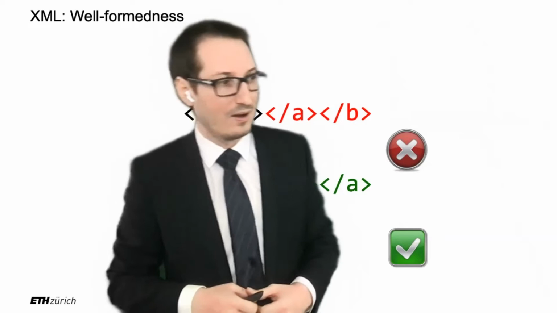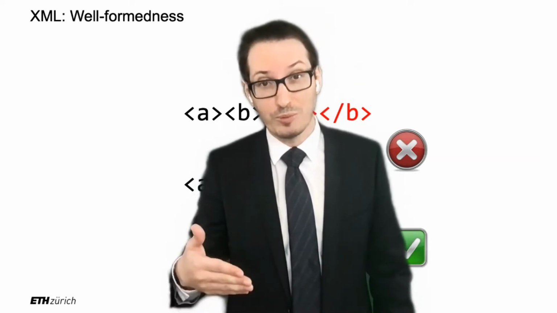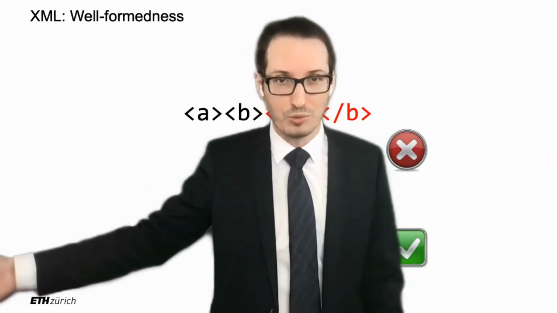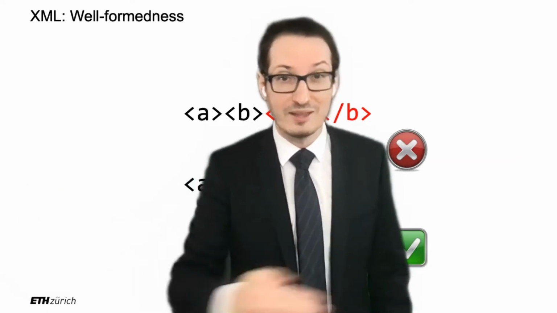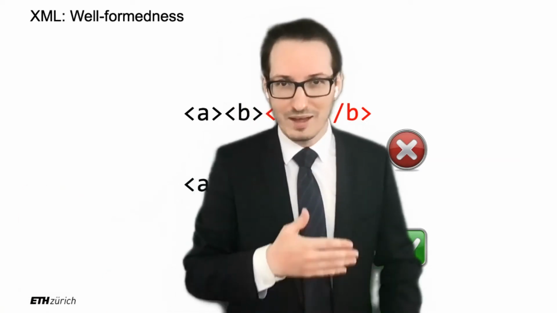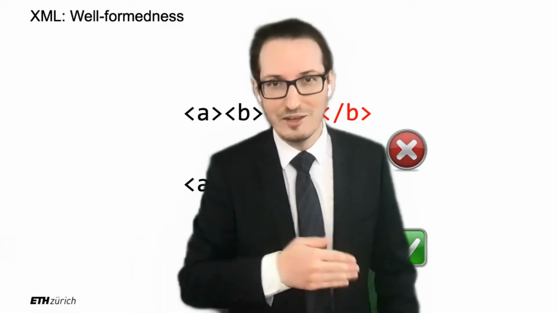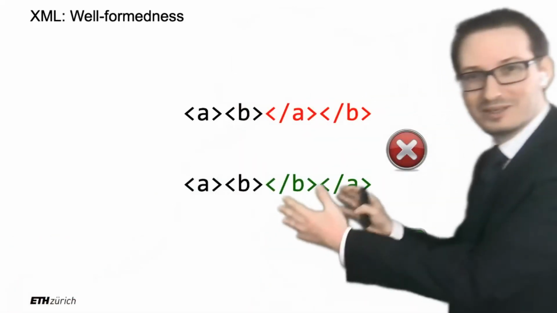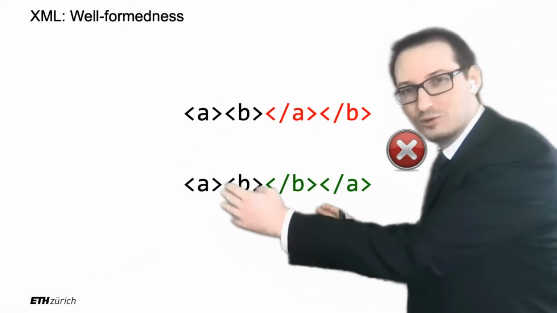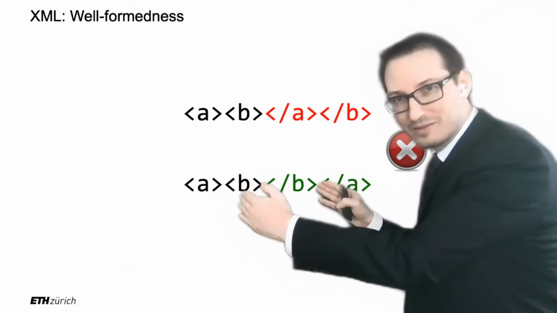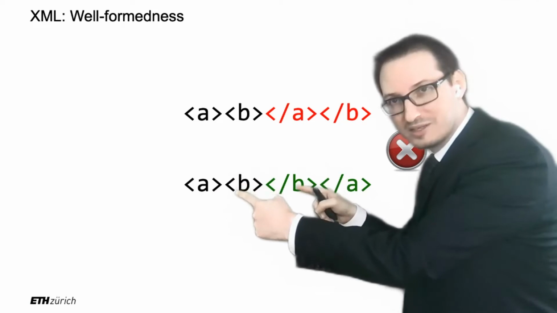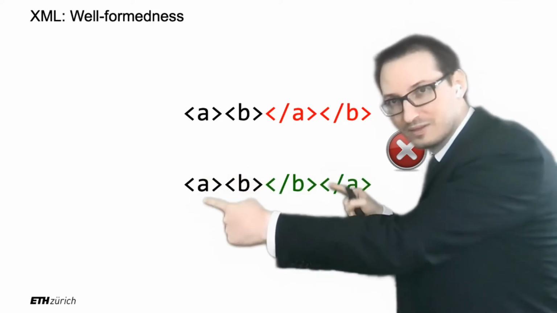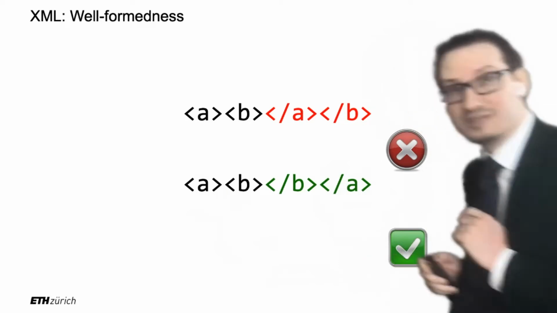It's like, I don't know, an example, if you enter into a building, you open the door of the building and then you open the door of a room, then you first leave the room and then leave the building. You cannot enter the building, enter the room, leave the building, and then leave the room. That doesn't make any sense, right? So this is really the idea of well-formedness. When you nest an element inside another element, you must open and close that nested element inside the outer element, right? So this is the idea here.